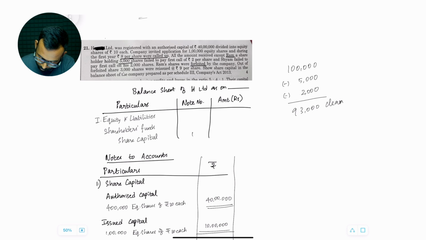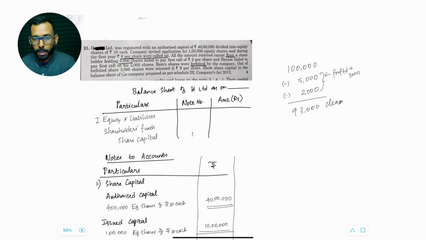Okay, then out of this 93, nothing happened in that 93, but out of this 7,000, this 5,000 got forfeited and then it got reissued as 3,000. So the question says it was reissued as 9 per share. Okay, I assume that it is reissued as 9 per share as 8 called up or as 8 paid up.